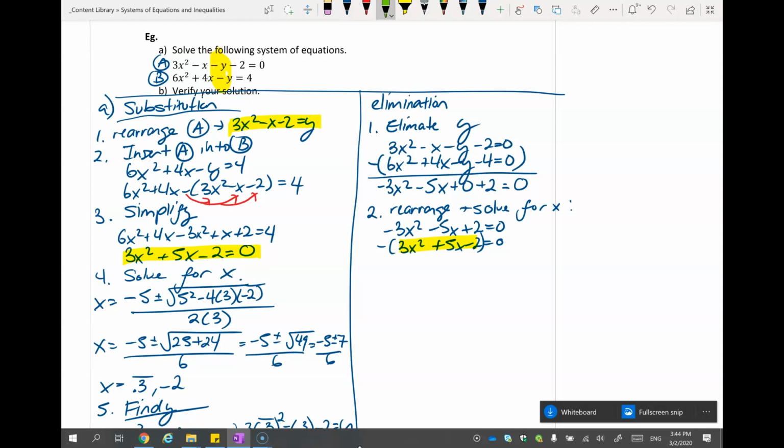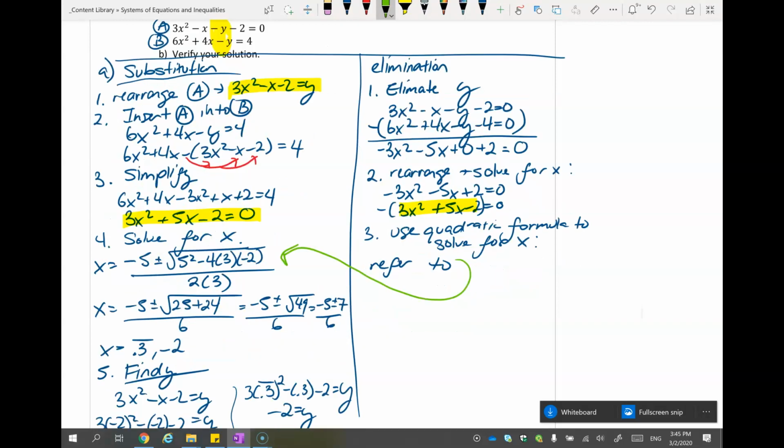So then you're going to do what you did over here where you solve for x using the quadratic formula. And then I'm just going to say refer to and draw an arrow to what we just did because it's exactly the same work and you're going to yield exactly the same answer.